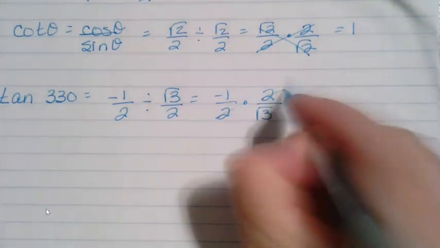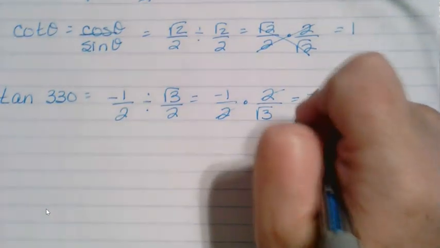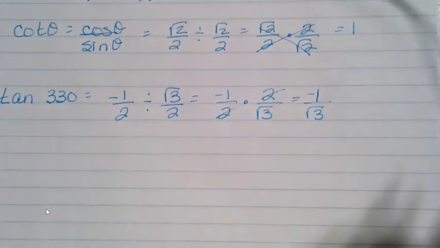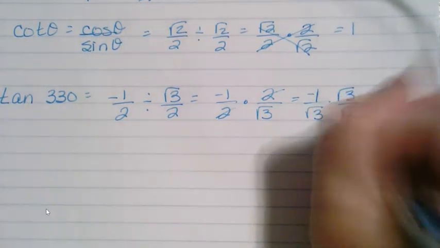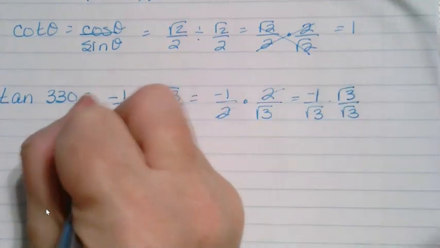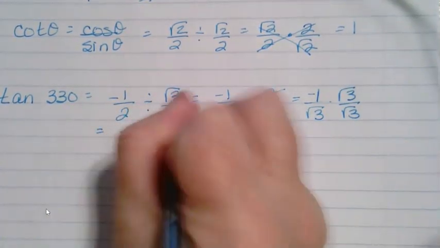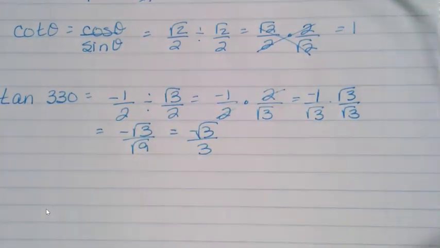The 2's cancel. So you want to be careful. We get negative 1 over the square root of 3. Square root of 3, square root of 3. So we get negative square root of 3 over the square root of 9 equals negative square root of 3 over 3. Okay.